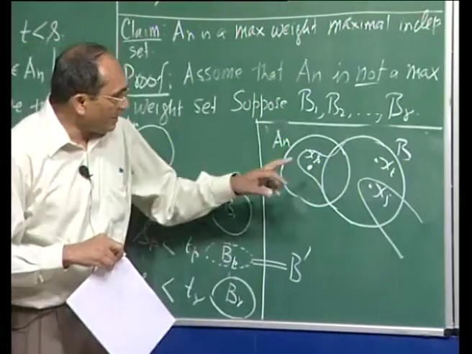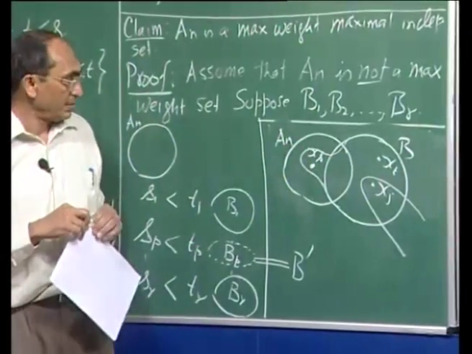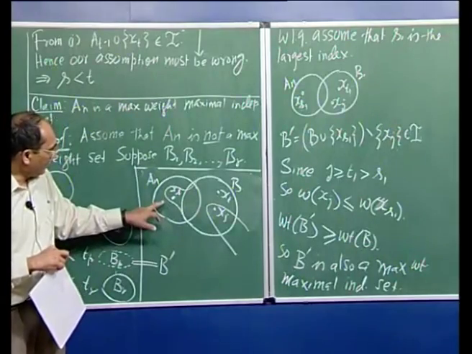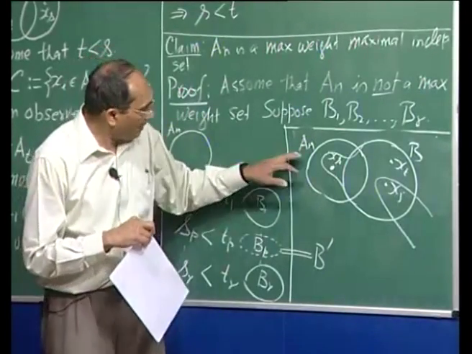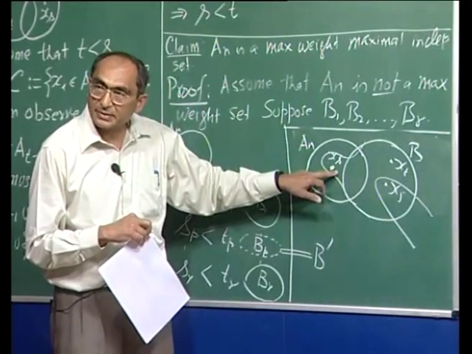Now, if you look at B prime minus A n, then the smallest index in B prime minus A n must be strictly larger than s.